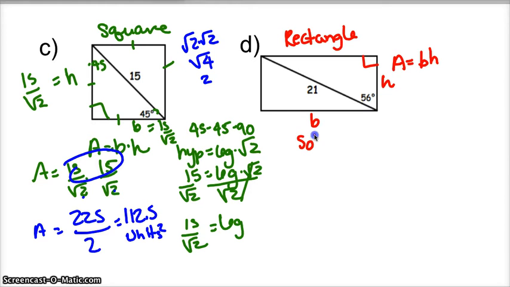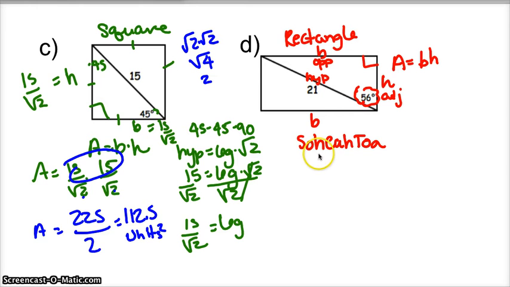You're going to be using sine, cosine, SOHCAHTOA in order to find your H and your B. If this is my reference angle, the 56, this side over here is adjacent, this side here is opposite, and this is the hypotenuse.